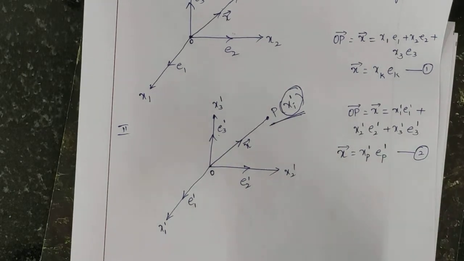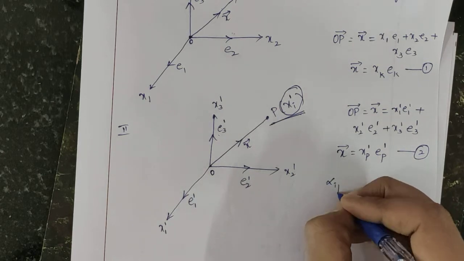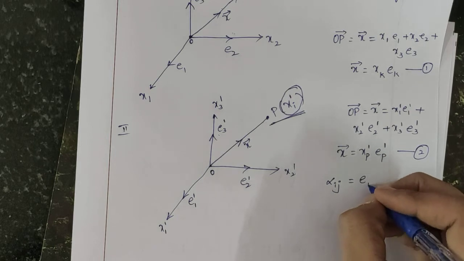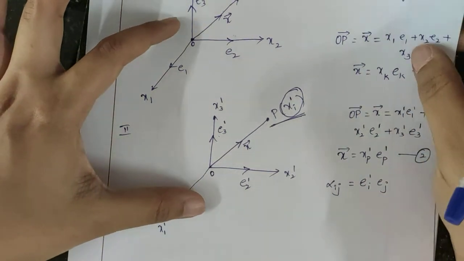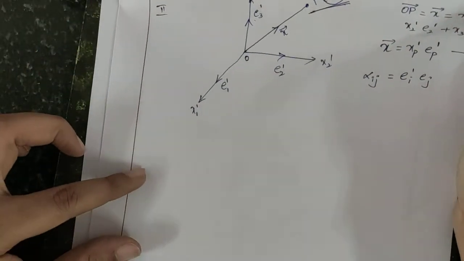Okay, now I will consider alpha ij. So we know that alpha ij I can represent as ei prime ej. So using these two configurations, we will get a new coordinates.